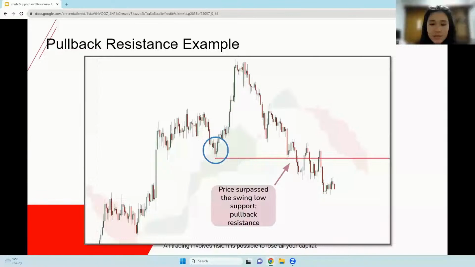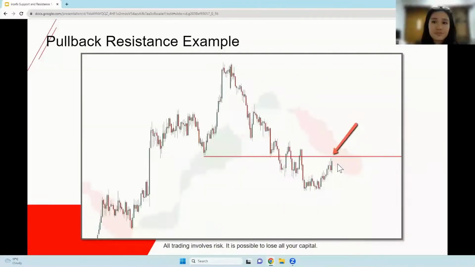Another example here. We have a significant swing low over the circled area, and thus it is a possible support level. But now that price has pulled back and surpassed the swing low support, it is then a pullback resistance. So now let's see if price pulls back to this resistance level.